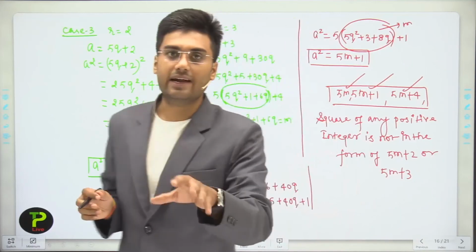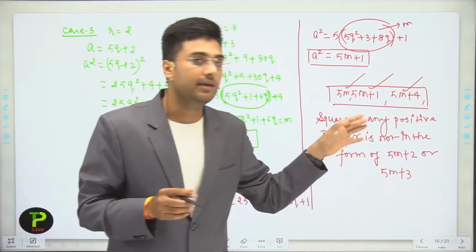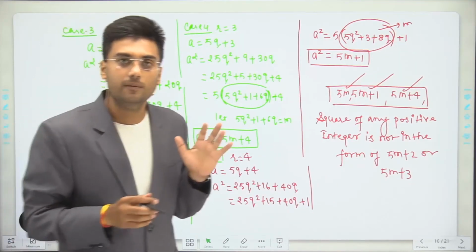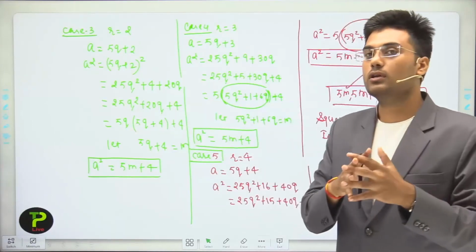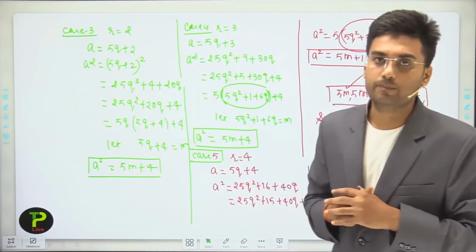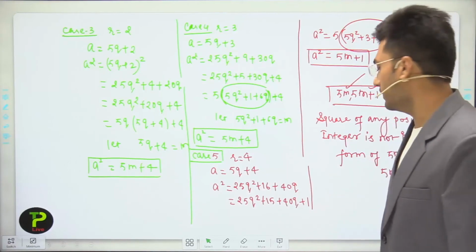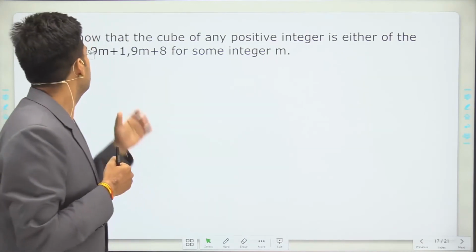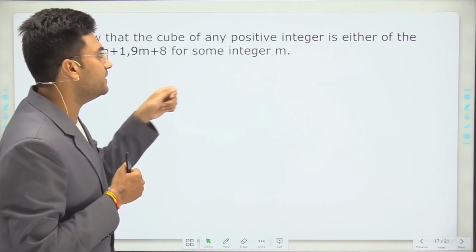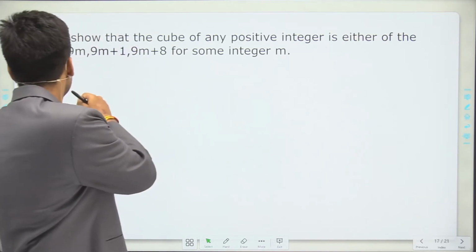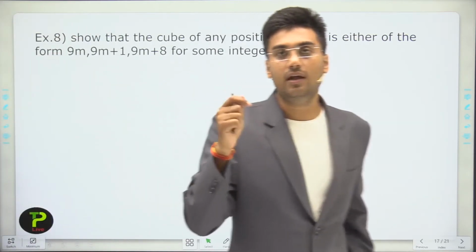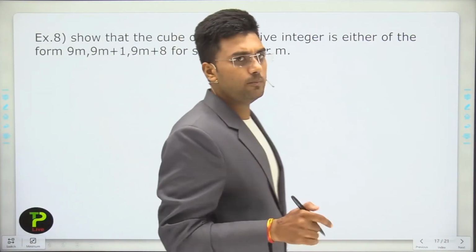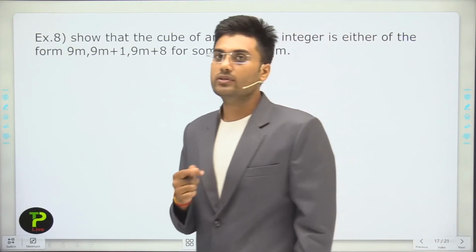So we can write here that the square of any positive integer is not in the form of 5m plus 2 or 5m plus 3. Okay, I hope you understand how to solve the questions of Euclid division lemma. So now come to the next example. The next example is show that the cube of any positive integer is either of the form 9m, 9m plus 1, or 9m plus 8. So dear students, please pause the video and try yourself first.